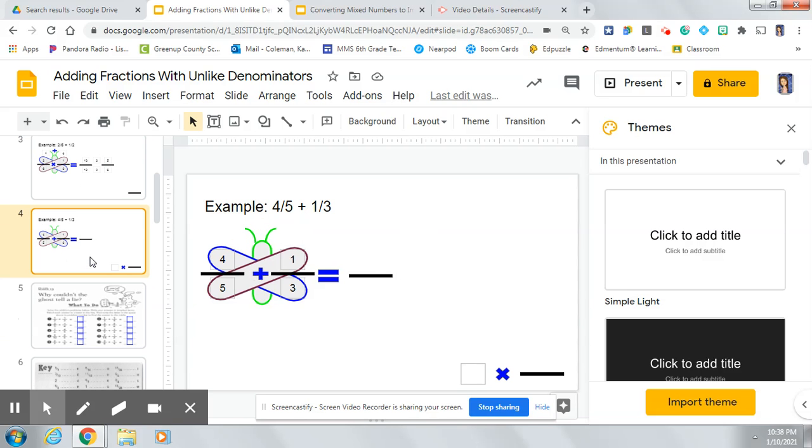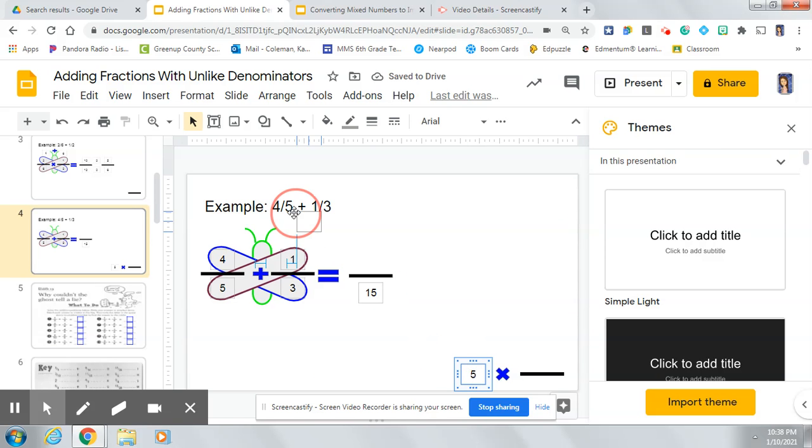Okay, again, to get my denominator, I multiply denominator times denominator. So 5 times 3 is going to be 15. To get my numerator, I have to multiply my purple wings and my blue wings. So 5 times 1 would be 5.